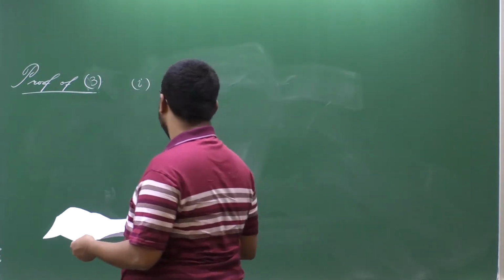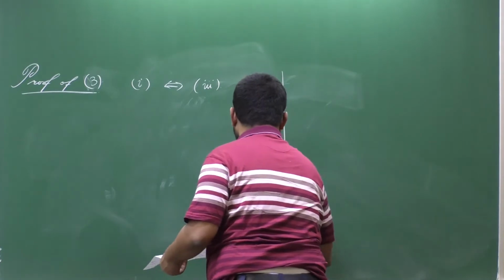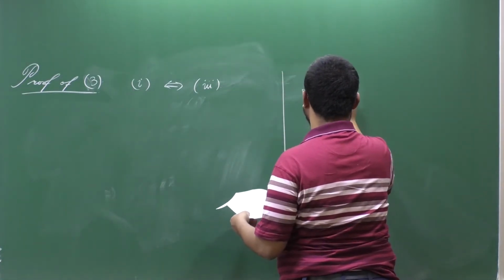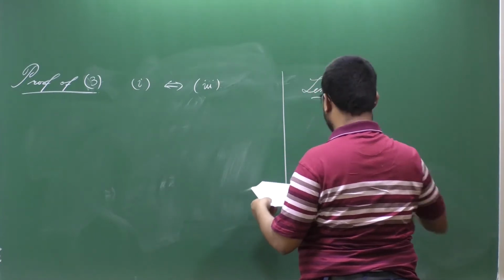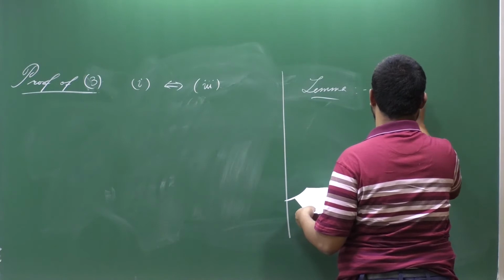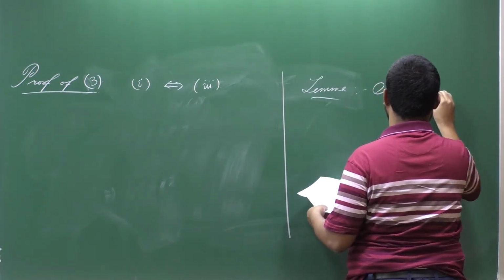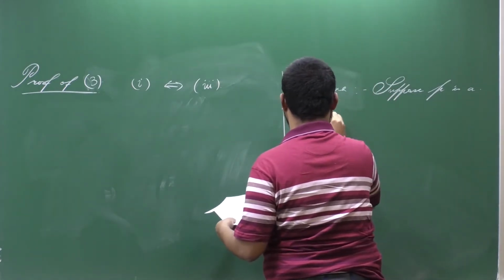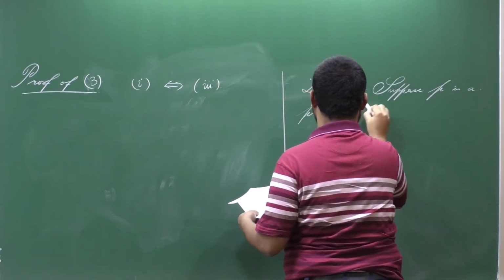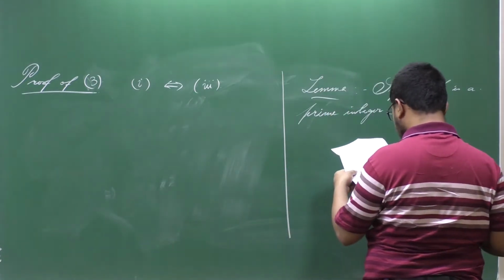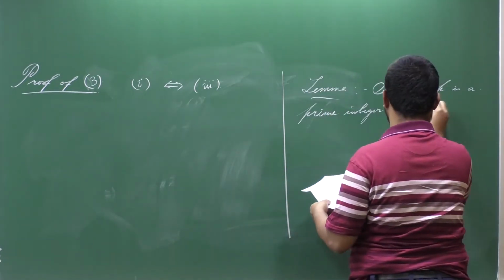For that we need a lemma. It is a very general observation. It says that suppose p is a prime integer, then the following are equivalent.